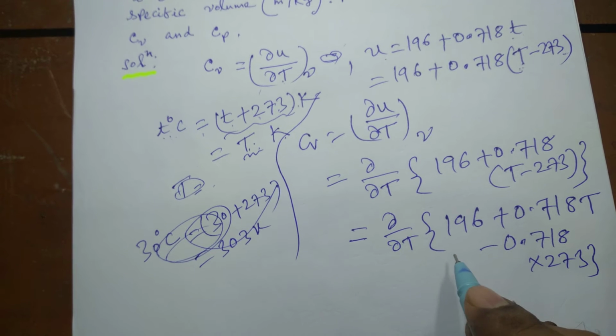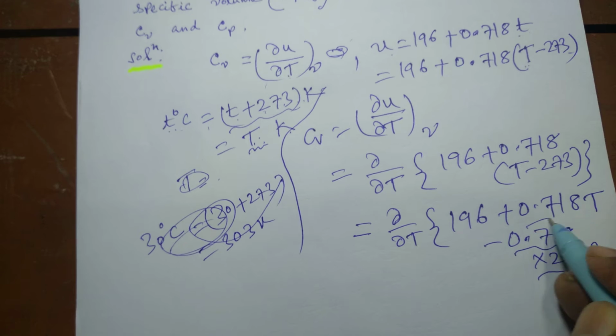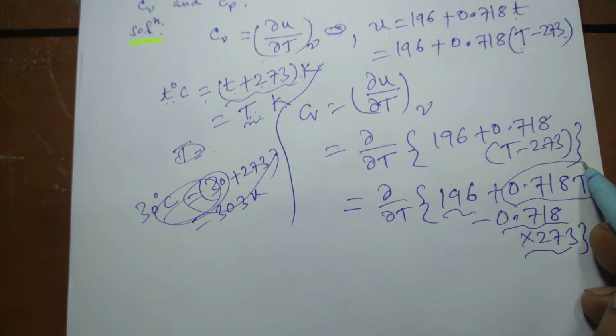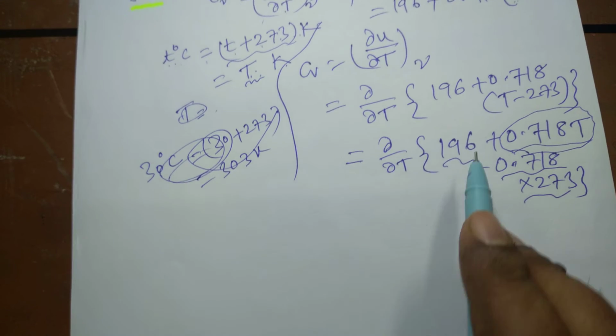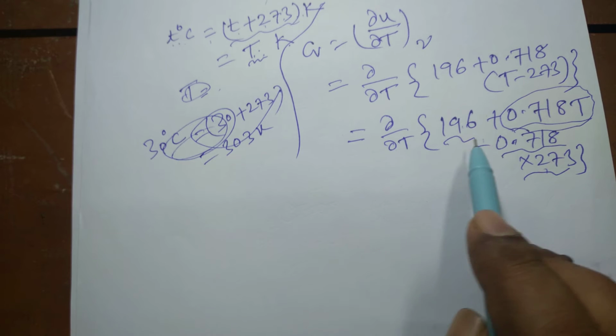On differentiating, you see these three terms, this is one term, this is one term, and this is one term. Out of these three terms, only this term involves T. So if you differentiate these two terms with respect to capital T, they would be 0.